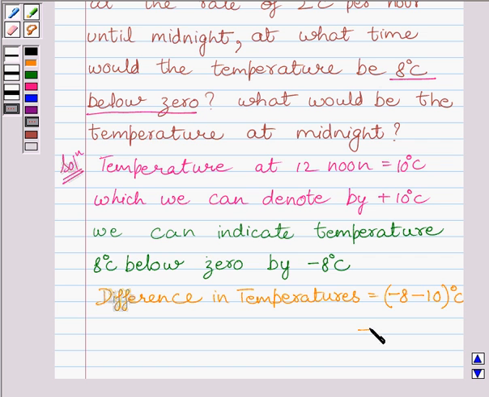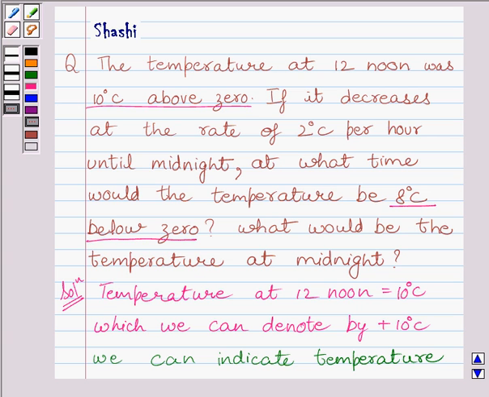This is further equal to minus 18 degrees Celsius. We know rate of decrease of temperature is 2 degrees per hour until midnight.